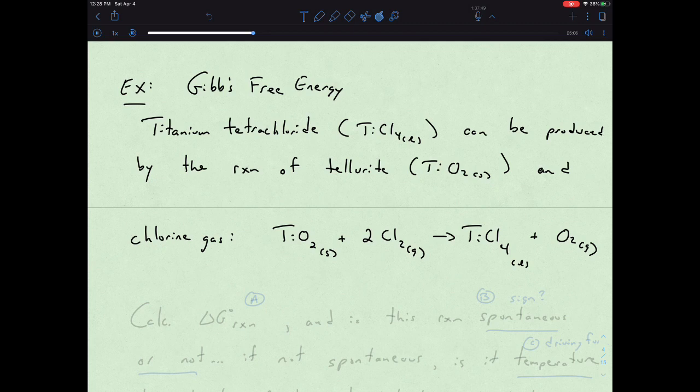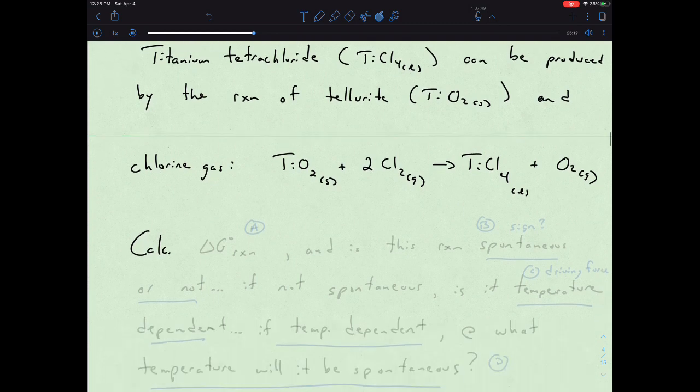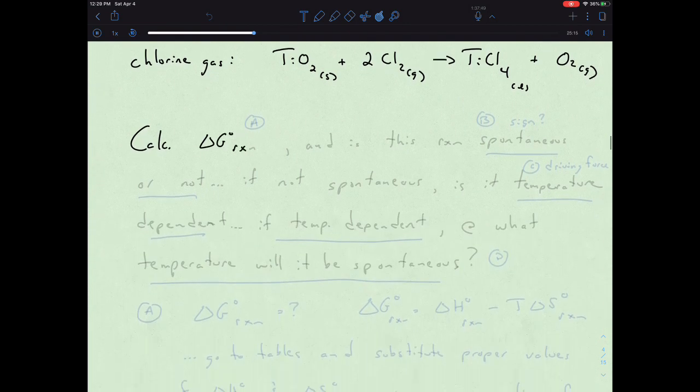So what we want to do is calculate the delta G for the reaction, and is this reaction spontaneous or not? If it is not spontaneous, is it temperature dependent?